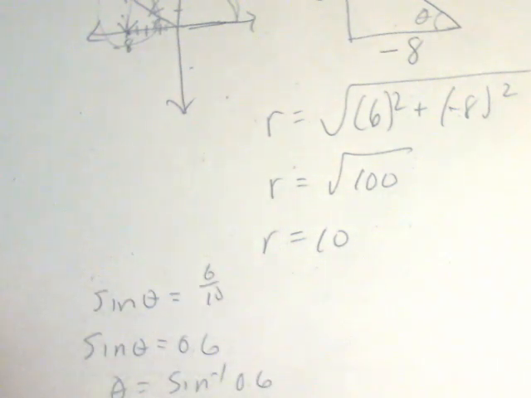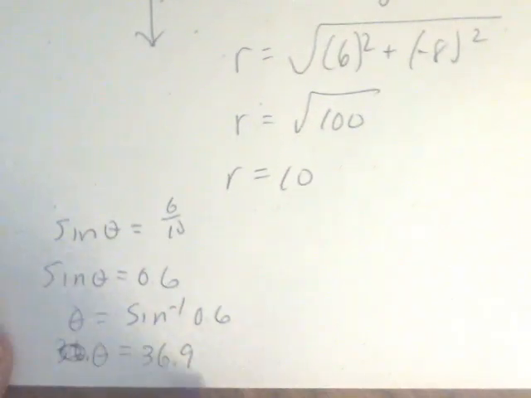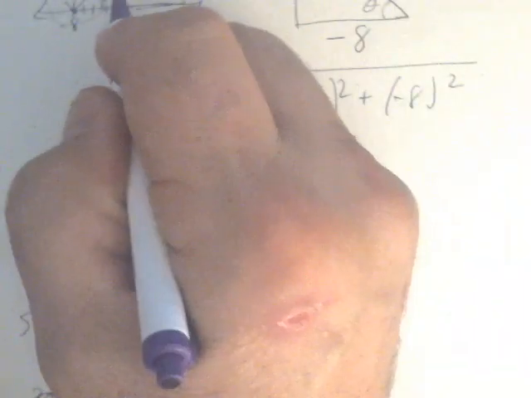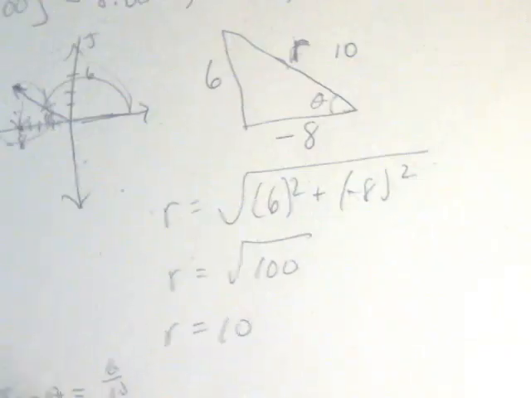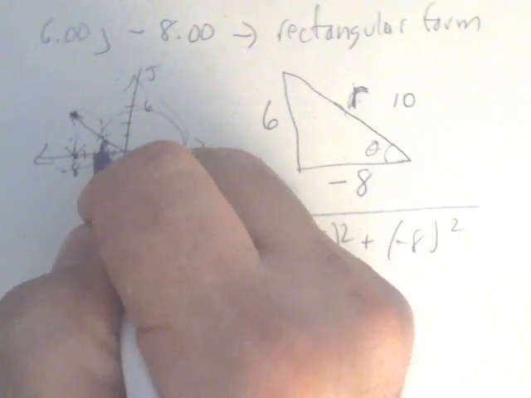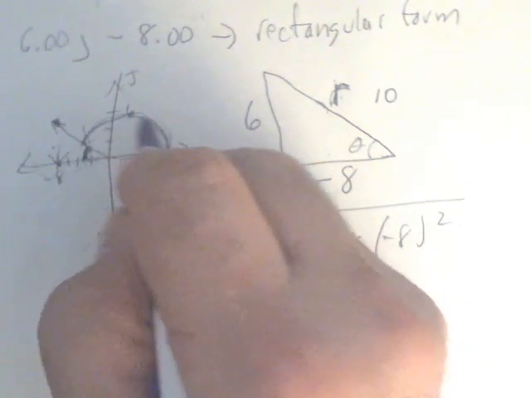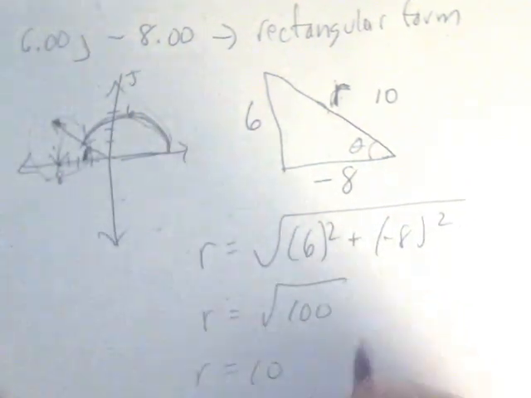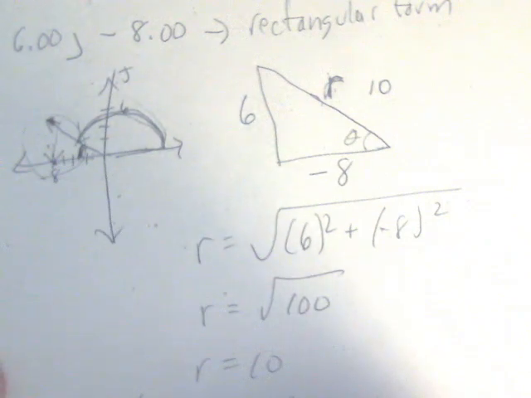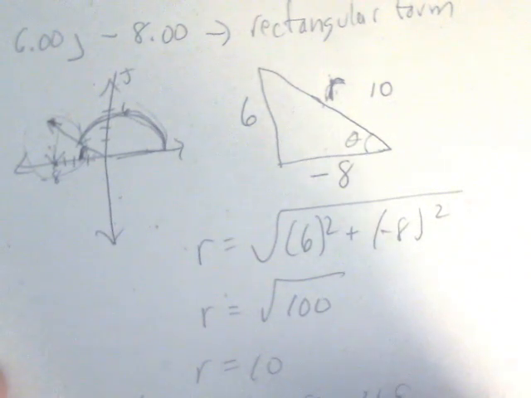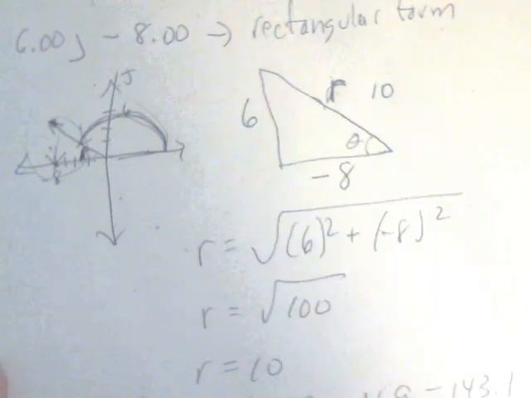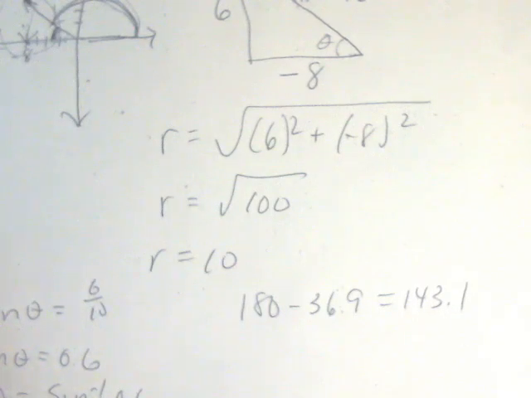Do that in my calculator, and I get theta is 36.9, if I round it to the tenths place. But that is this angle here, from here to here. So to find out the total location of this phasor, I take 180 minus 36.9 and I get 143.1.